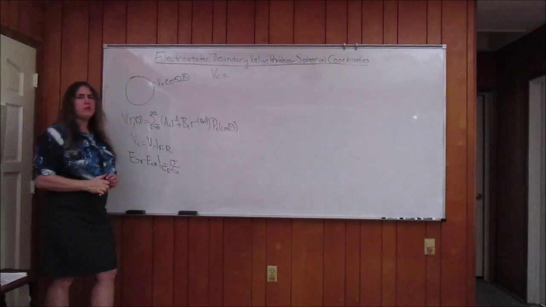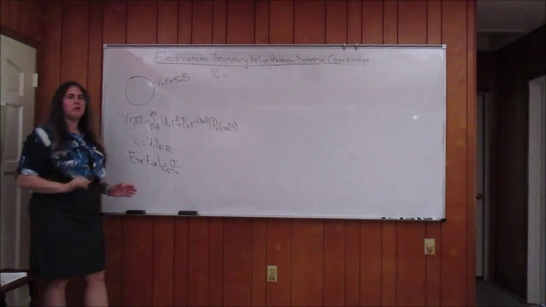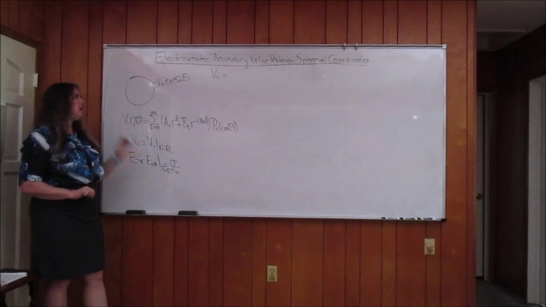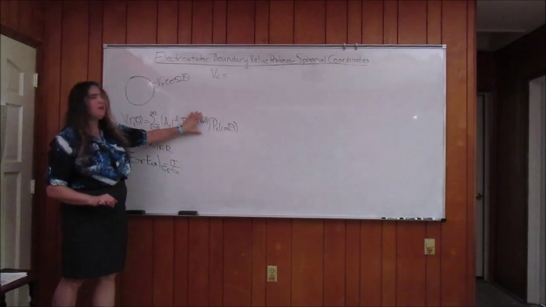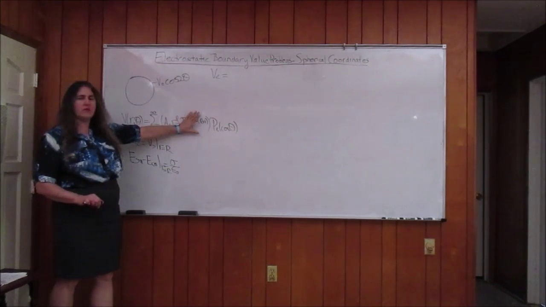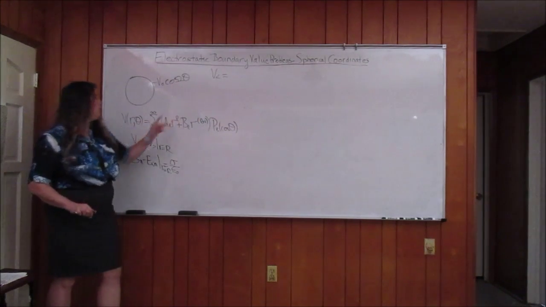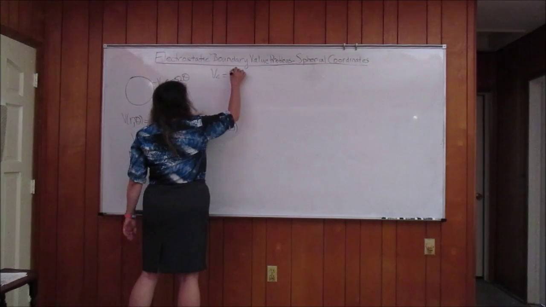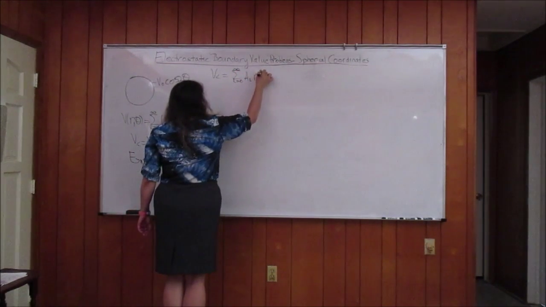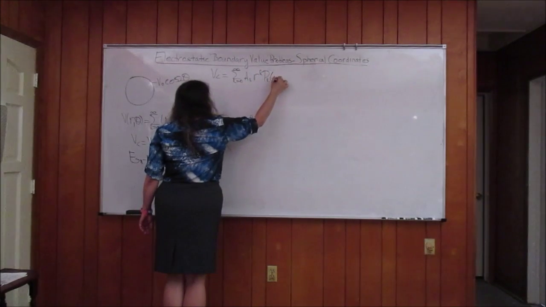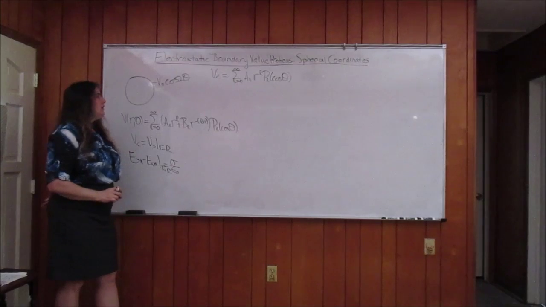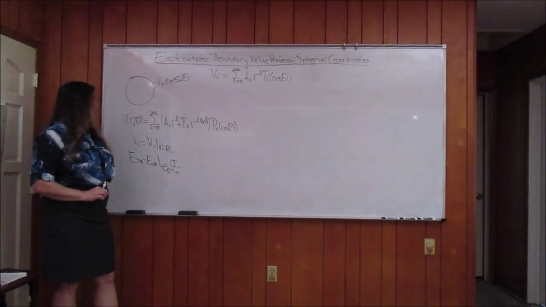The solutions have to remain finite in the appropriate regions. For the interior solution, that has to remain finite as r goes to 0. That eliminates the possibility of having any terms of the second form. So this is equal to summation L equals 0 to infinity of A sub L times r to the L, P_L of cosine theta.